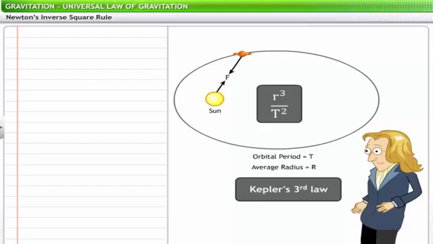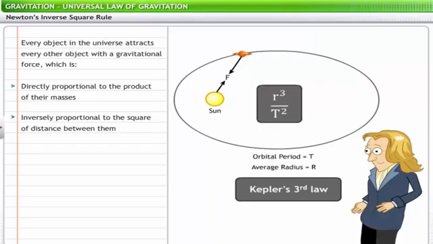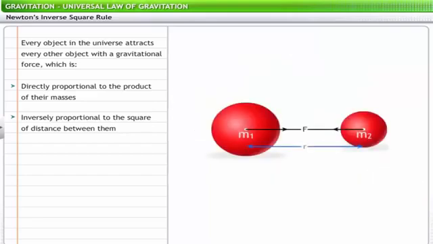In deriving the expression for the gravitational force of attraction between two bodies, Newton used Kepler's third law of planetary motion. This helped him conclude the second part of the relationship known as Newton's inverse square rule. This rule states that the gravitational force F between two bodies is inversely proportional to the square of the distance between them.